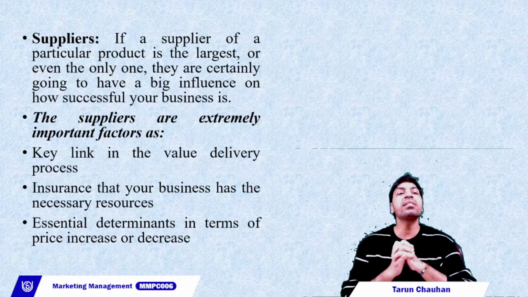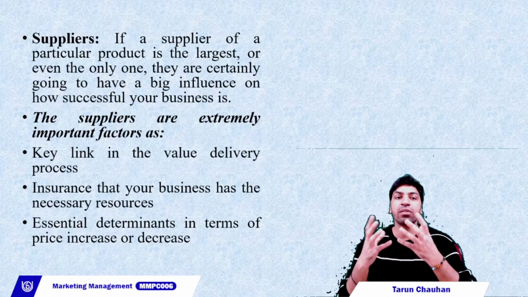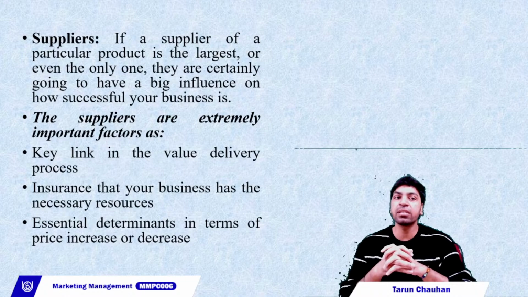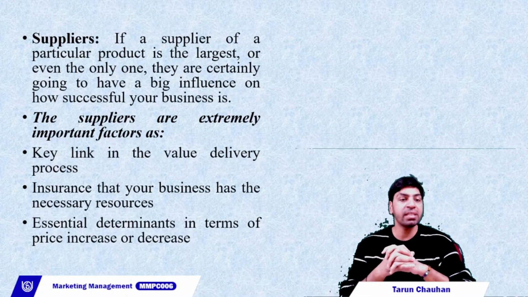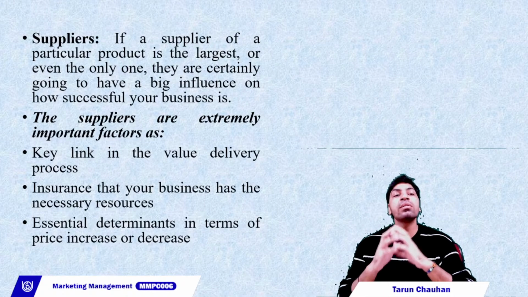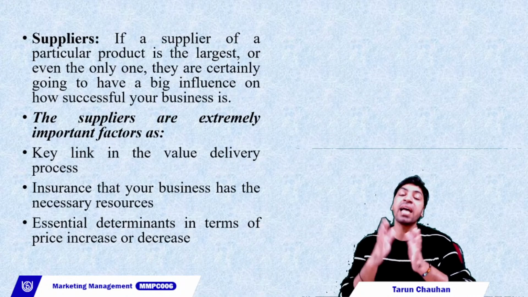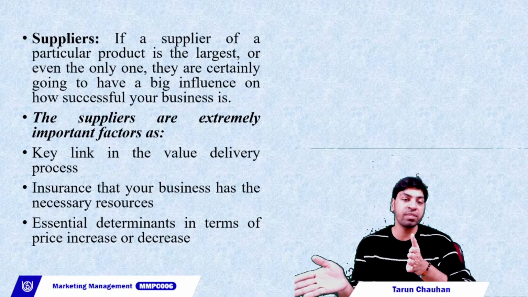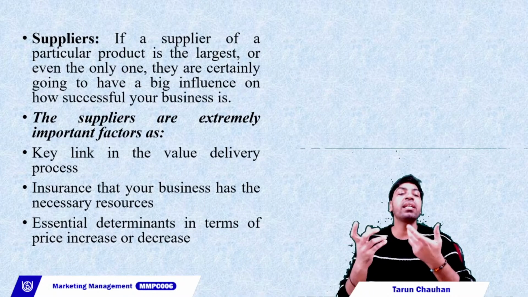The next one is suppliers. If a supplier of a particular product is the largest and only one option is left, that would be a big influence on your own business. The supplier is also one of the most important parts of the microenvironment and directly influences your business activities. It should be a key link in the value delivery process.